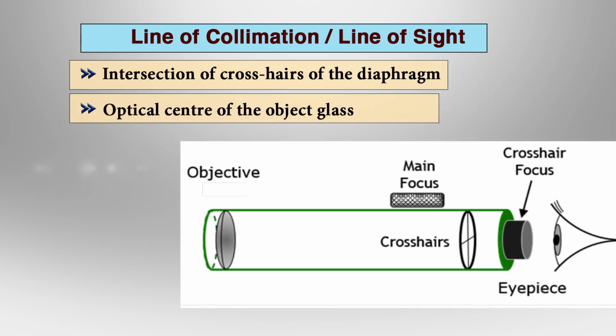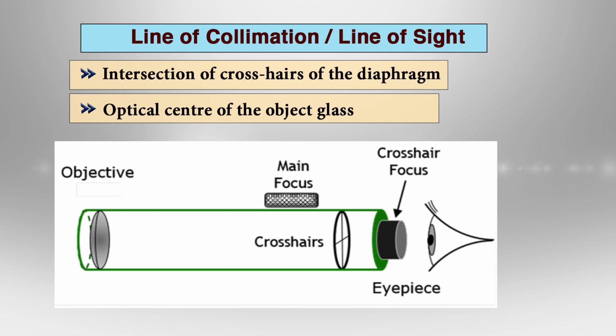In this definition, we find two terms. First is the intersection of crosshair of the diaphragm, and the second term is the optical center of the object glass. Let us dive into this definition and explore.